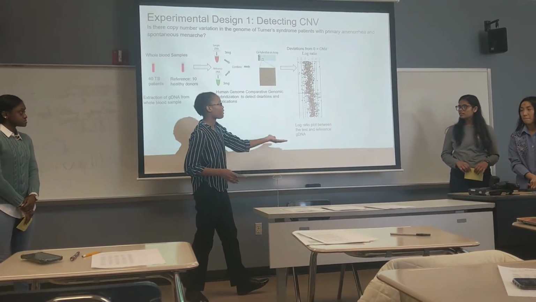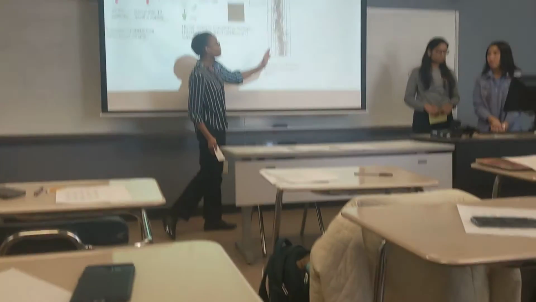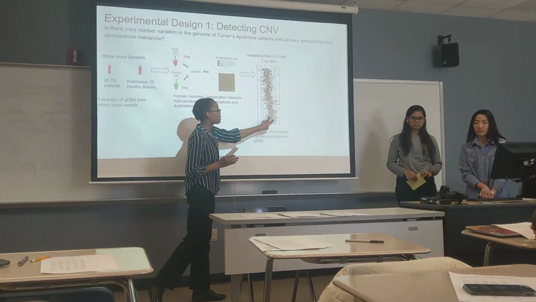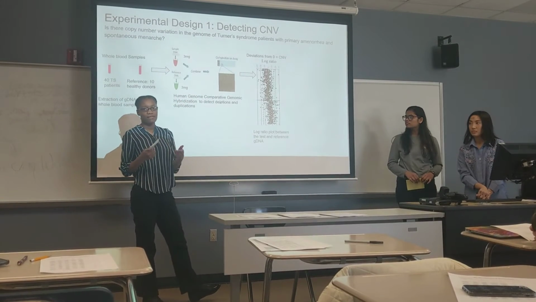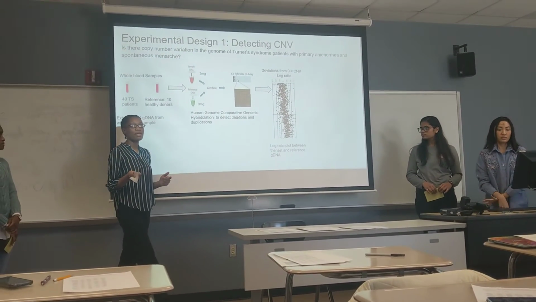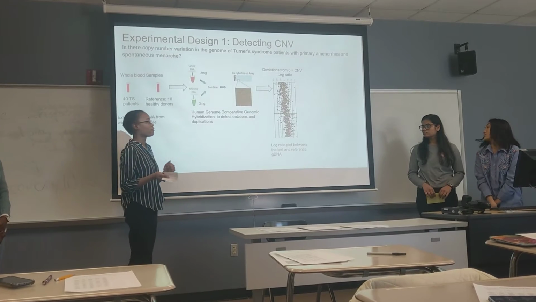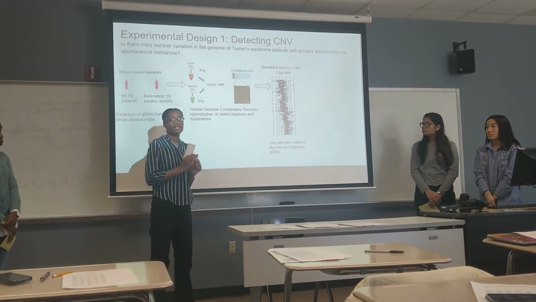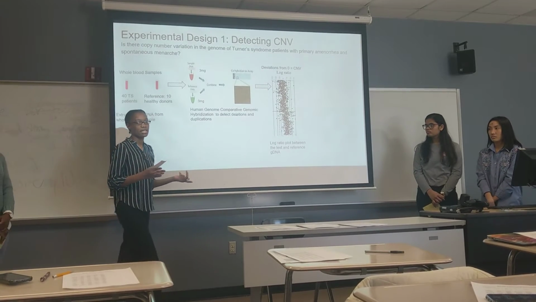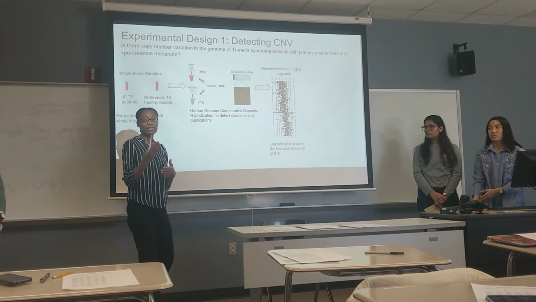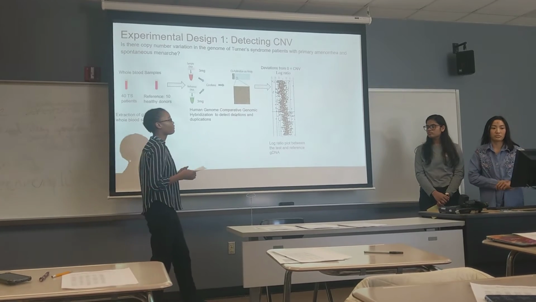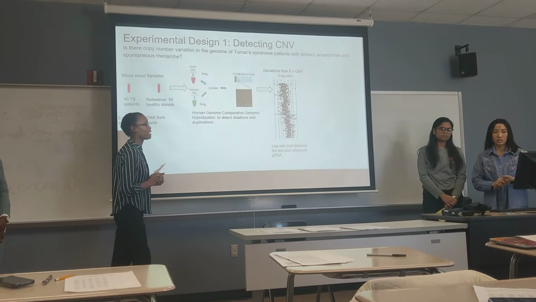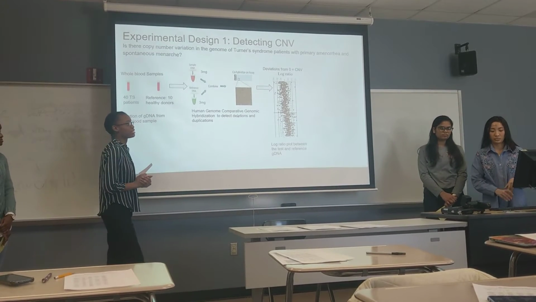So if you notice, for example here, most of the line, if you draw a line straight down, you would see there's no difference with the black dots here. However, when there is a difference in the genomic DNA of the patient and that of the reference, you see a shift from your mean of 0. If there's a shift in the positive direction on the log scale, this indicates that there's a duplication in the patient's gene, or if there's a shift to the left in the negative direction, that indicates that there is a deletion in the patient's genome.